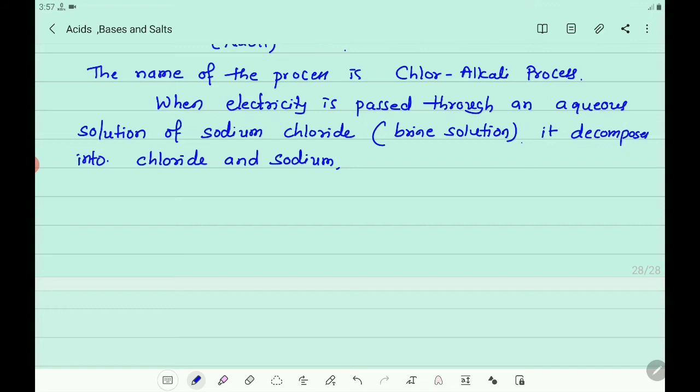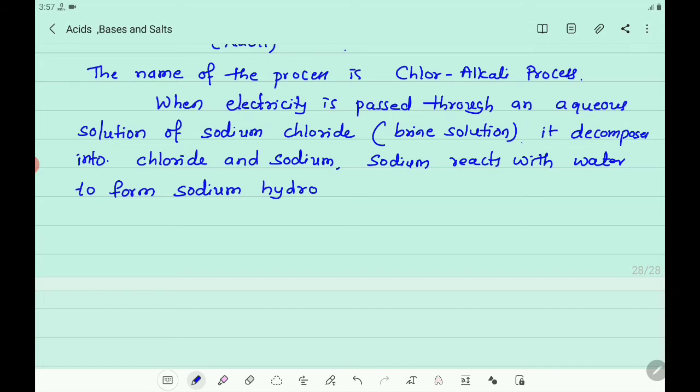Sodium is collected at the cathode and reacts with water to form sodium hydroxide. Chlorine is formed at the anode.